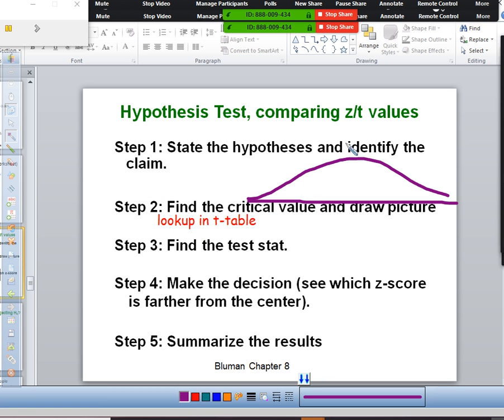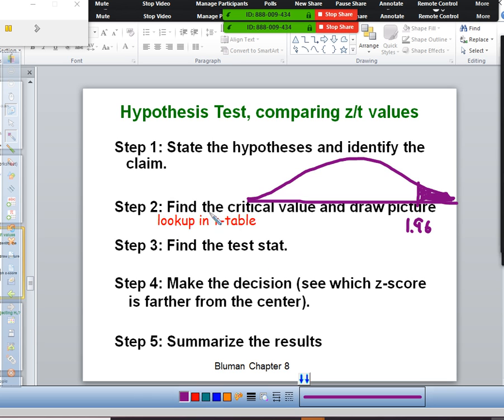So you're going to draw your picture here. You're going to put in your critical value. Say it's 1.96, for example. And then you're going to shade the rejection region, the part where you would reject H naught. So you shade over there. So that's what you do for part 2.